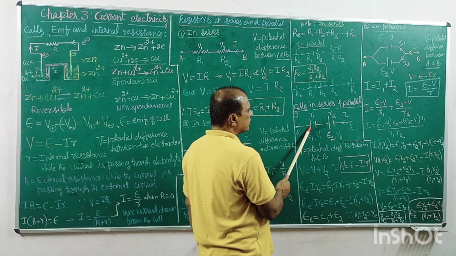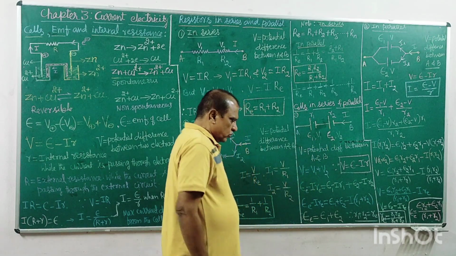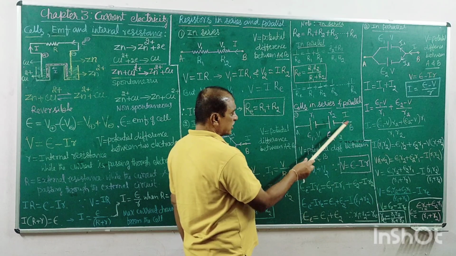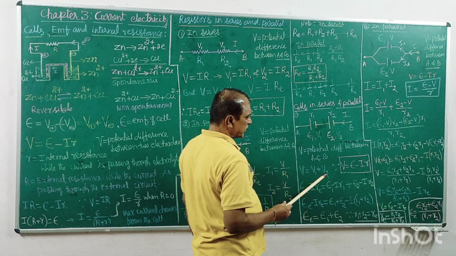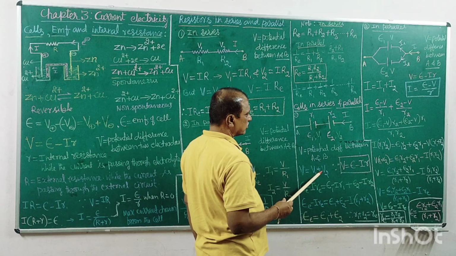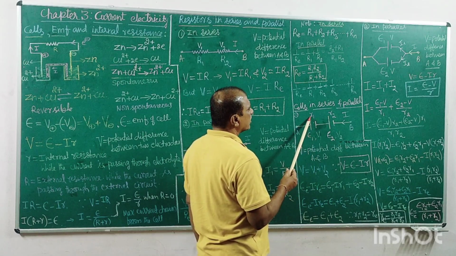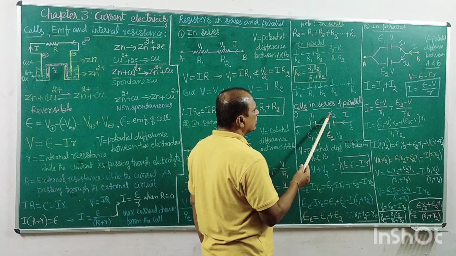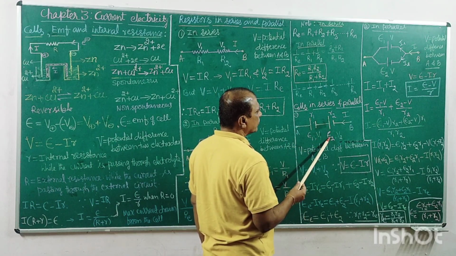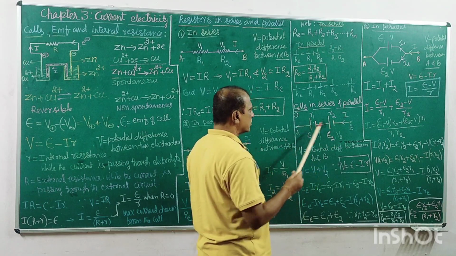Here V1 is a potential, V2 is a potential. By the same equation, the total potential at this point is equal to the sum of the potentials, V1 plus V2. And these are the EMFs of the cells, with R1 internal resistance and EMF, R2 internal resistance and EMF. The current remains the same all over, going through this, I.